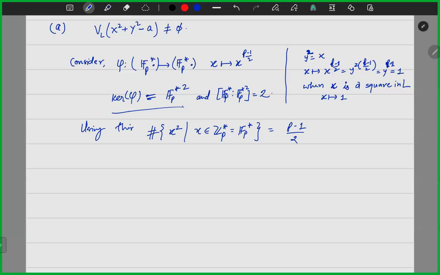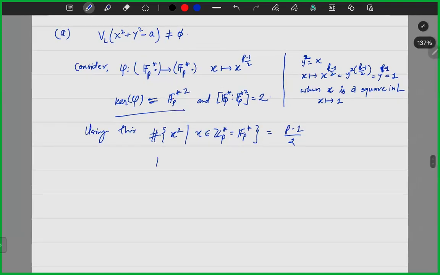Okay, this was your kernel. Good. And you remember 0 is also a square. 0 square is equal to 0. So the cardinality of x square such that x belonging to Zp, now x is anything, is equal to p minus 1 by 2 plus 1 because of 0, and this is p plus 1 by 2.